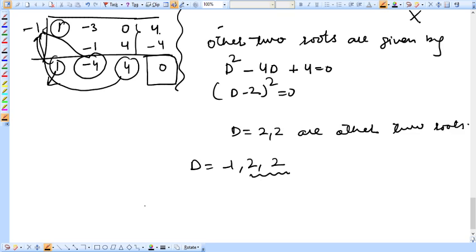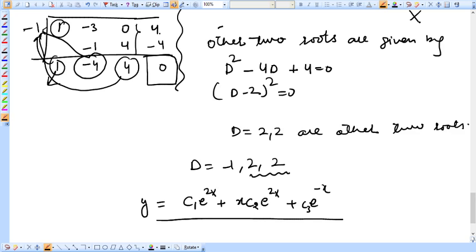Now the solution in this case will be y is equal to c1 e raised to power the first root x, plus again we write e raised to power 2x, c2, but we multiply this by x, otherwise the two terms would be the same. Lastly c3 e raised to power the other root. When a root is repeating itself, you write that root one more time and multiply it by x.